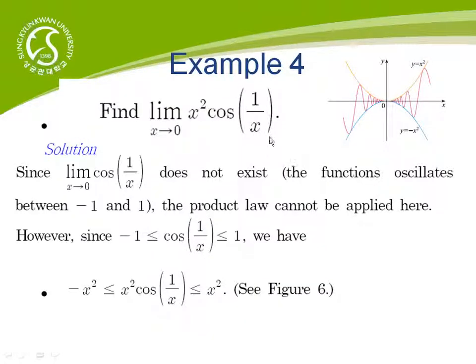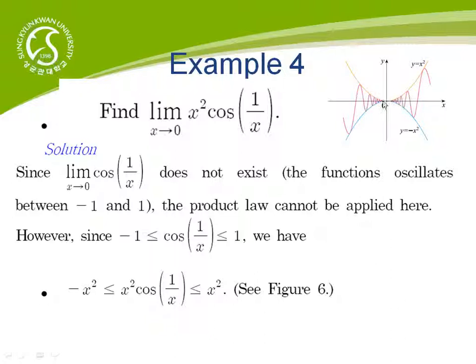Okay. Example 4 shows a good example of such a property. Let's find the limit of this function. The graph of this function is like this. We want to find the limit of this function when x approaches 0.